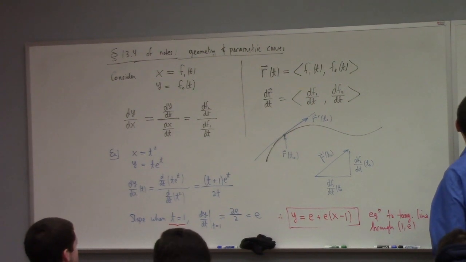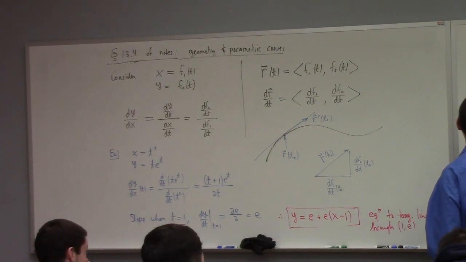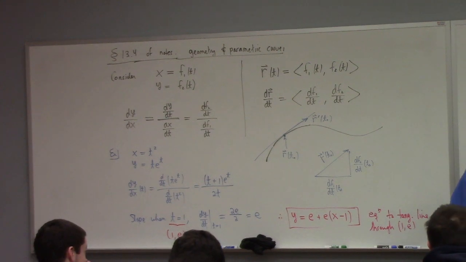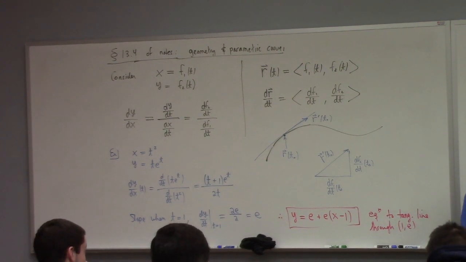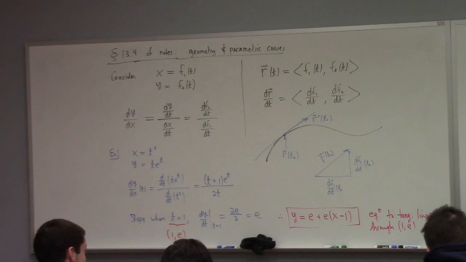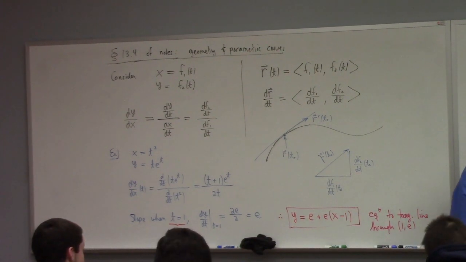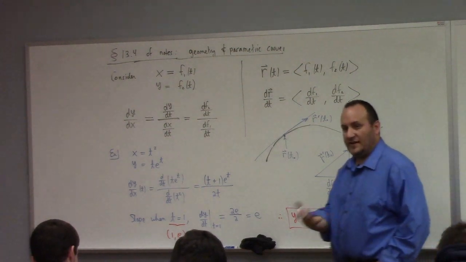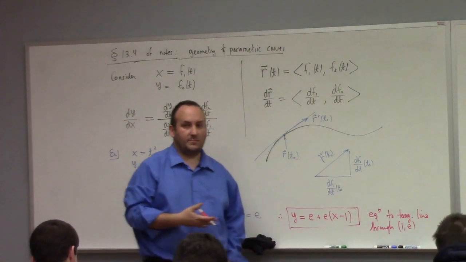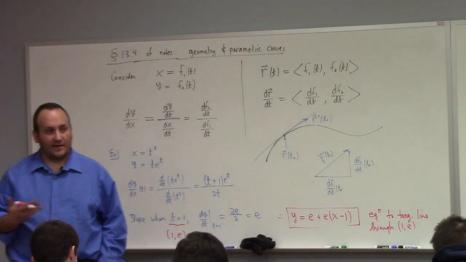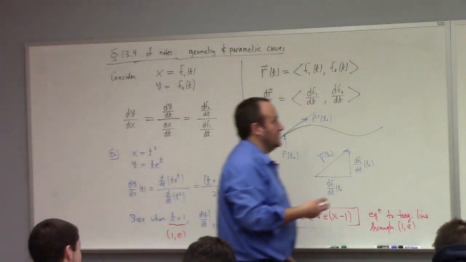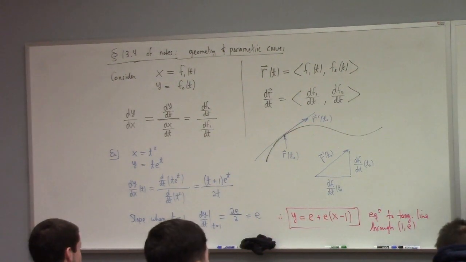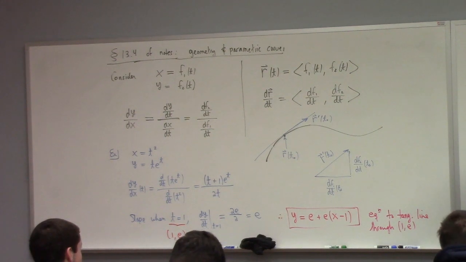L of t equals r of t naught plus t times r prime of t naught. So this is like a general template for writing down the parametrization of a tangent line to a given path at the point t naught, r of t naught is on the curve, right?